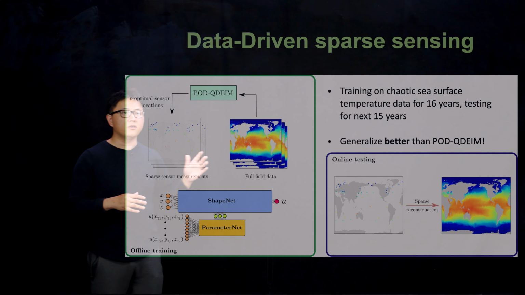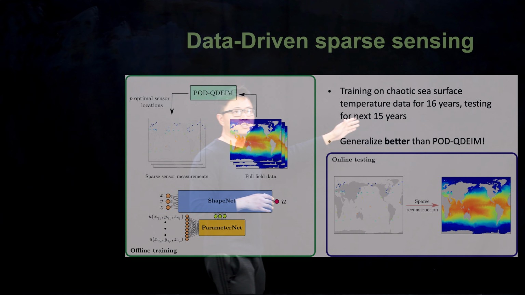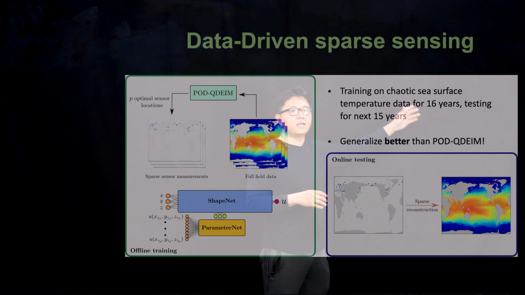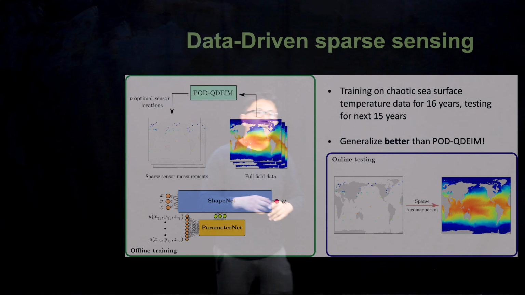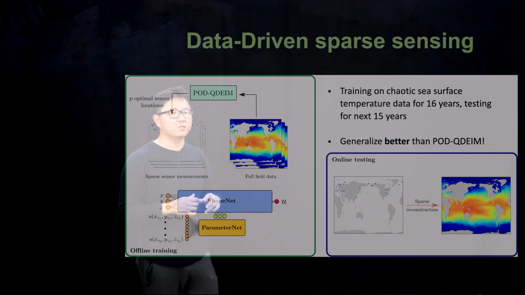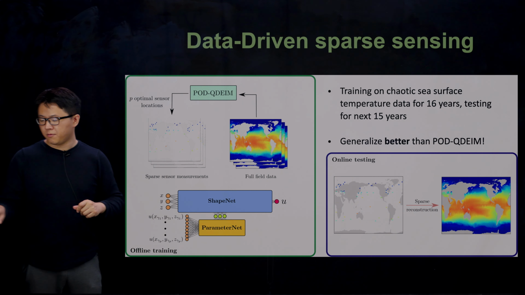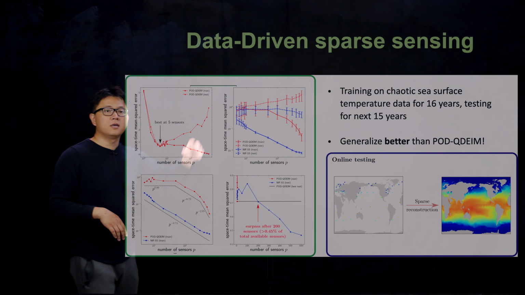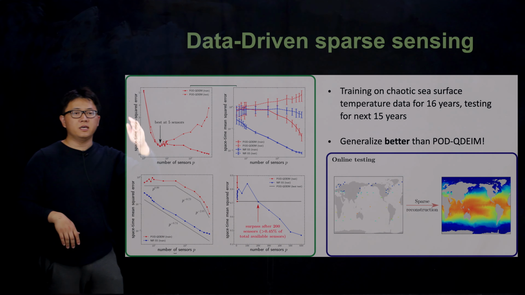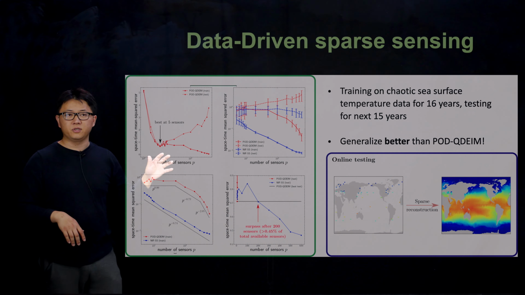We take 16 years of sea surface temperature data as training data and test on the next 15 years. And this data set is actually a little bit chaotic, so it's not an easy task. And so here I want to show you the results. The first plot you see is the traditional method, POD-QDEIM.